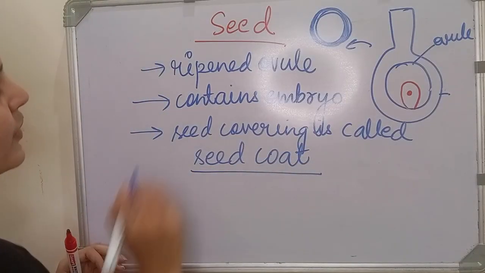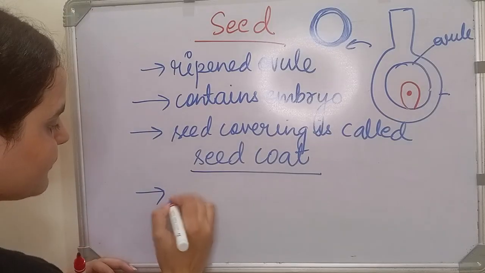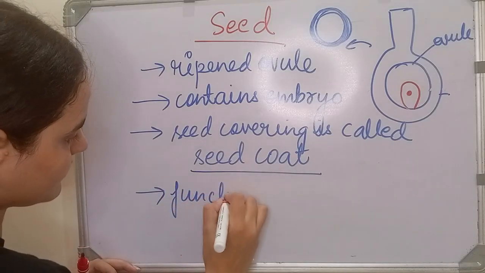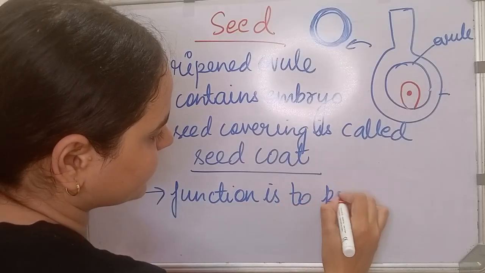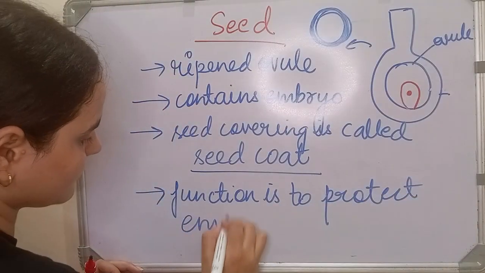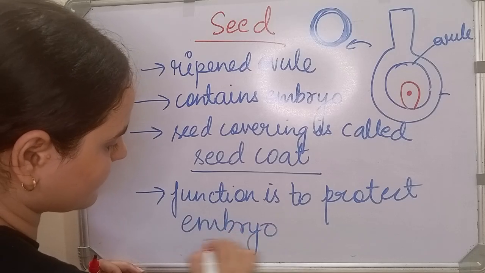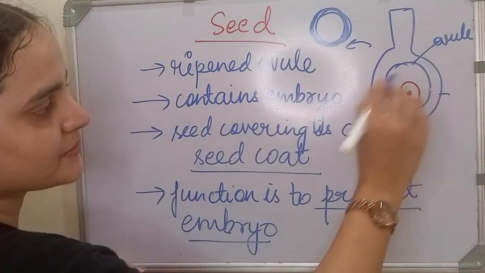Now the function of the seed is to protect the embryo. The embryo is present inside, so it protects the embryo.